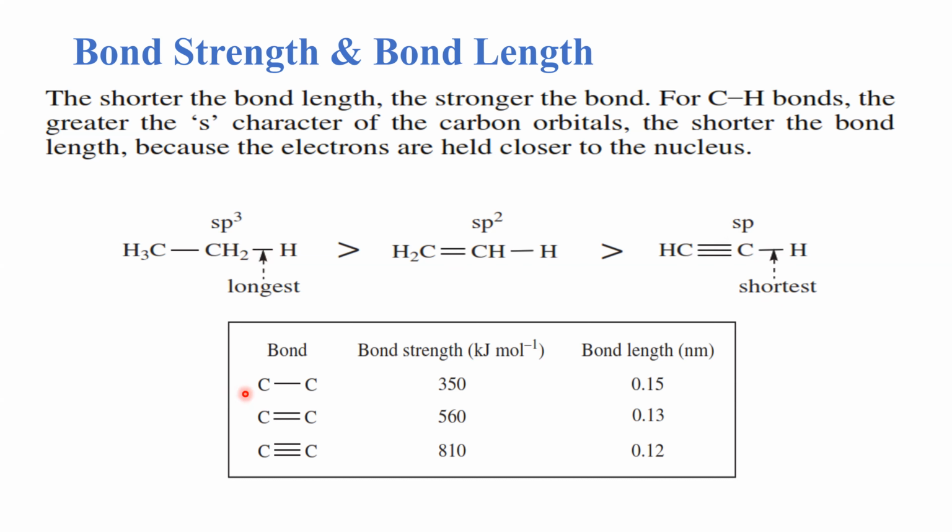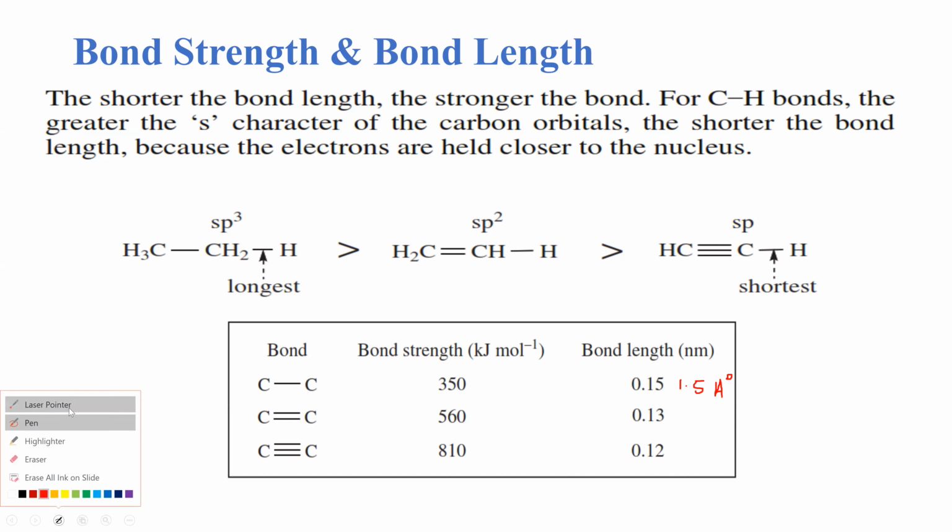If you want to mention it in angstrom, not in nanometer, you know the angstrom is equal to 10 raised to power minus 10 in meter, right? Nano means 10 to the minus 9, and angstrom is minus 10. So if you convert into angstrom, this is 1.5 angstrom.